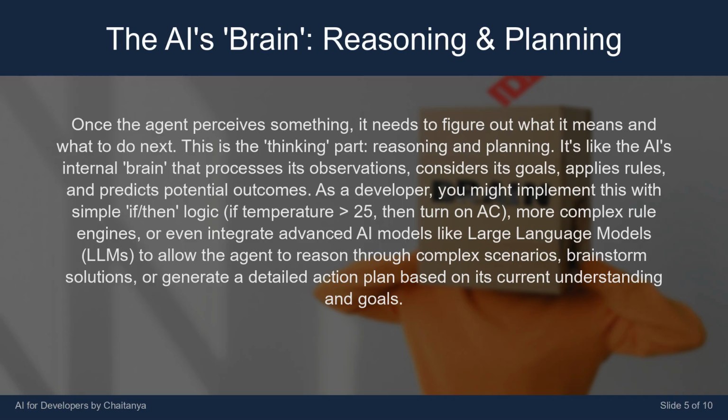If temperature greater than 25, then turn on AC. Or use more complex rule engines, or even integrate advanced AI models like large language models, LLMs, to allow the agent to reason through complex scenarios, brainstorm solutions, or generate a detailed action plan based on its current understanding and goals.